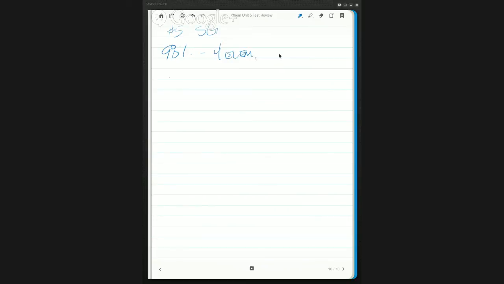And my answer to everything, honk, H-O-N-C. Right? And what type of bond? They are all nonmetals. And if you remember, nonmetal plus nonmetal equals covalent.